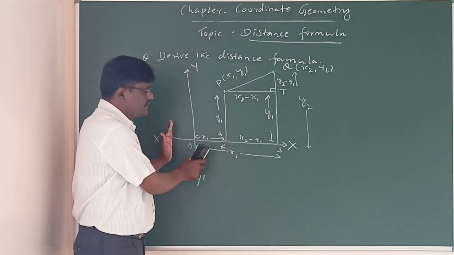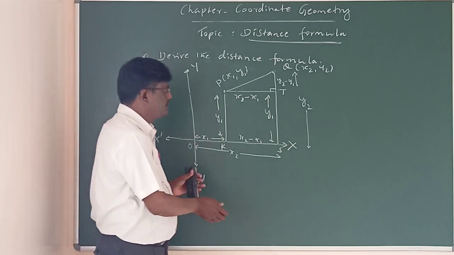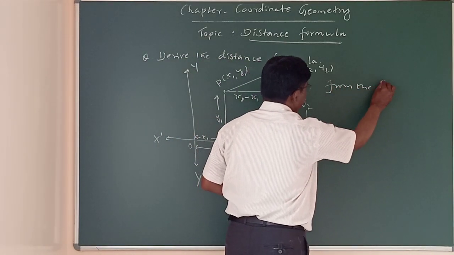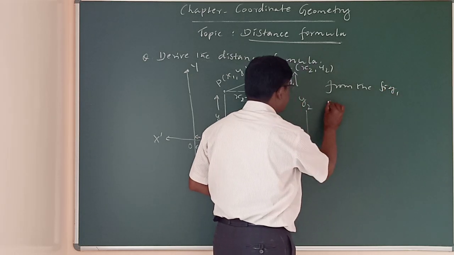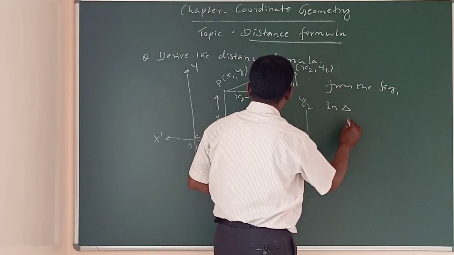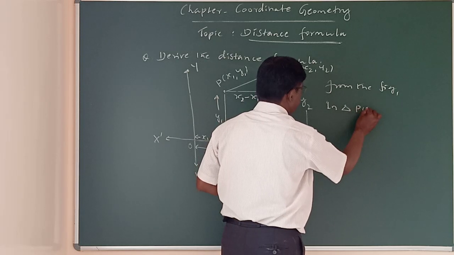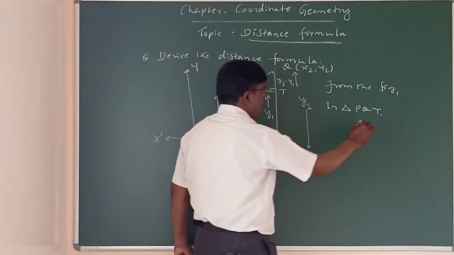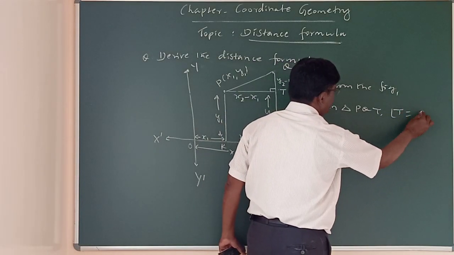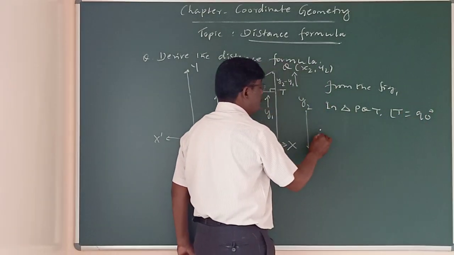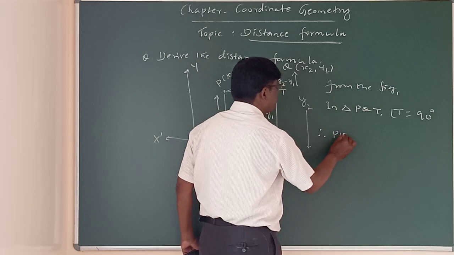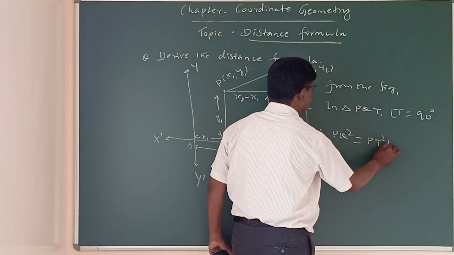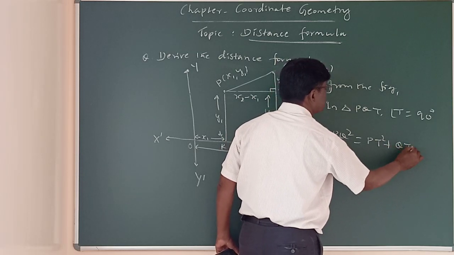Now, from the figure, in triangle PQT, angle T equals 90 degrees. Therefore, PQ square equals PT square plus QT square.